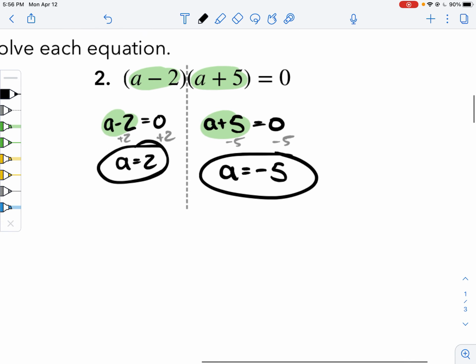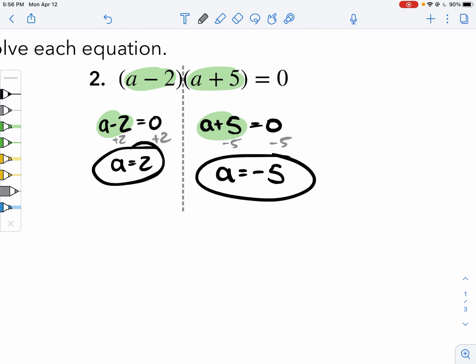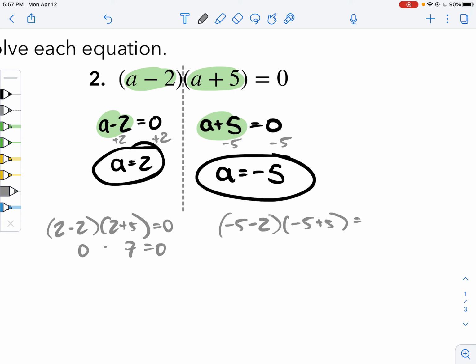Again, check your work. Is it true that 2 minus 2 times 2 plus 5 is equal to 0? Well, 0 times 7 is 0. So yes. Is it also true that negative 5 minus 2 times negative 5 plus 5 is equal to 0?